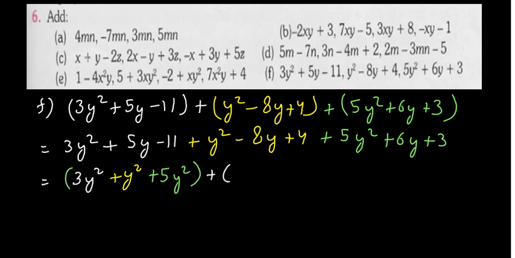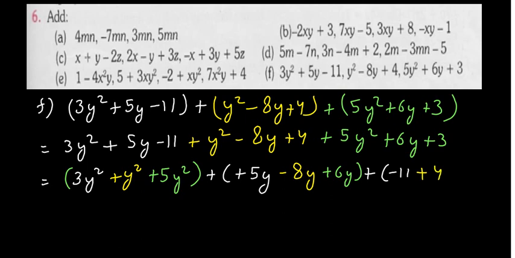Then we have plus 5y, from the yellow group we have minus 8y, and from the green group we have plus 6y, and finally for the constants we have minus 11 plus 4, and lastly plus 3. So now we'll compute the answer.